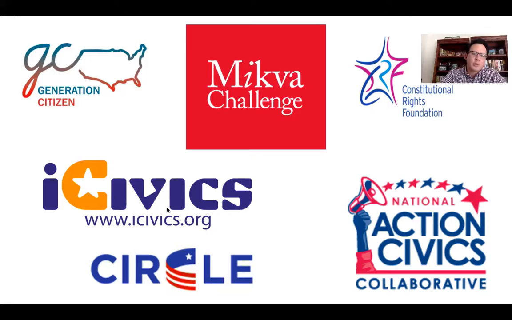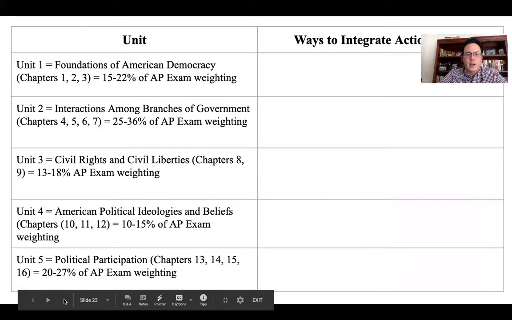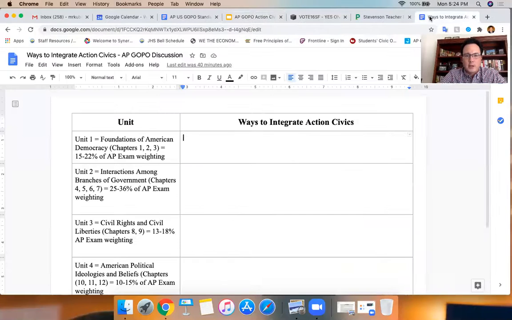And they do a lot of work with the Civil Rights, Civil Liberties, Judicial Branch integration of Action Civics. And then there's a collaborative of Action Civics organizations that are out there. What I wanted to do is find ways that you think these 5 units could integrate Action Civics. I did it my own way, and I was going to share a doc with everybody.